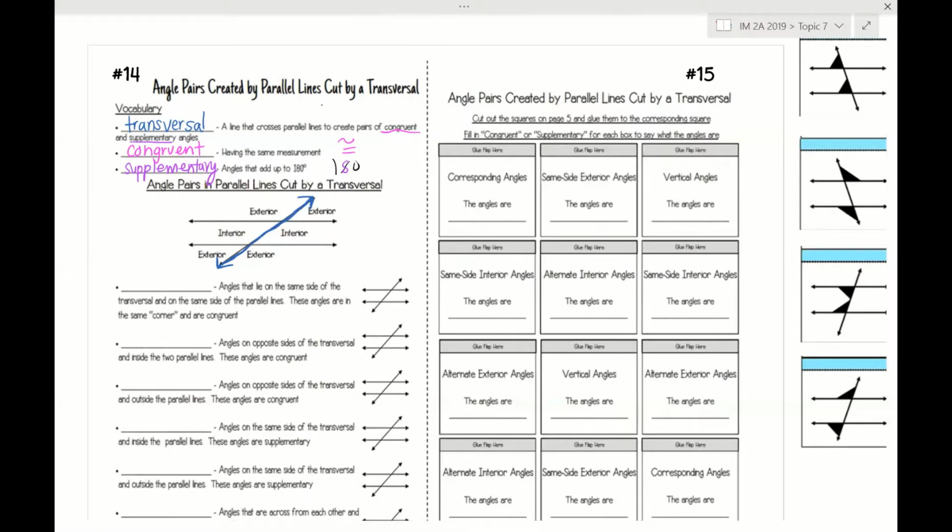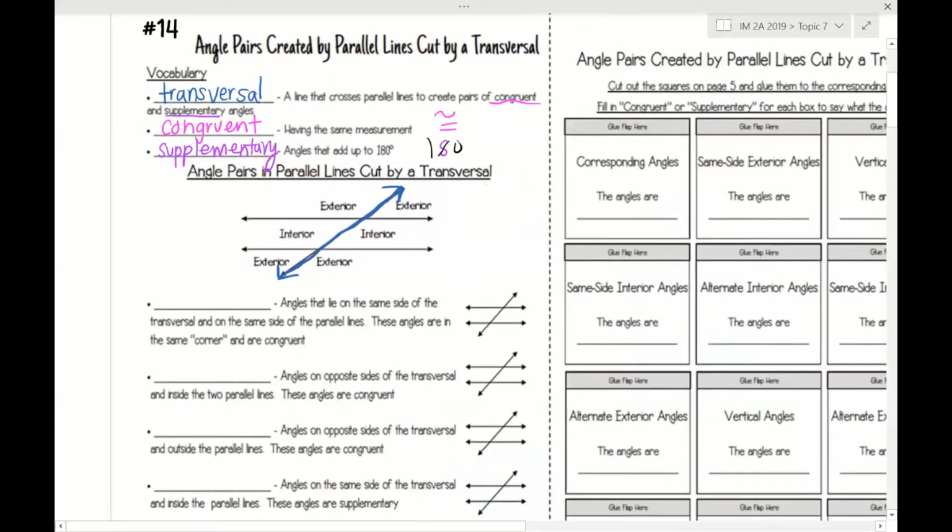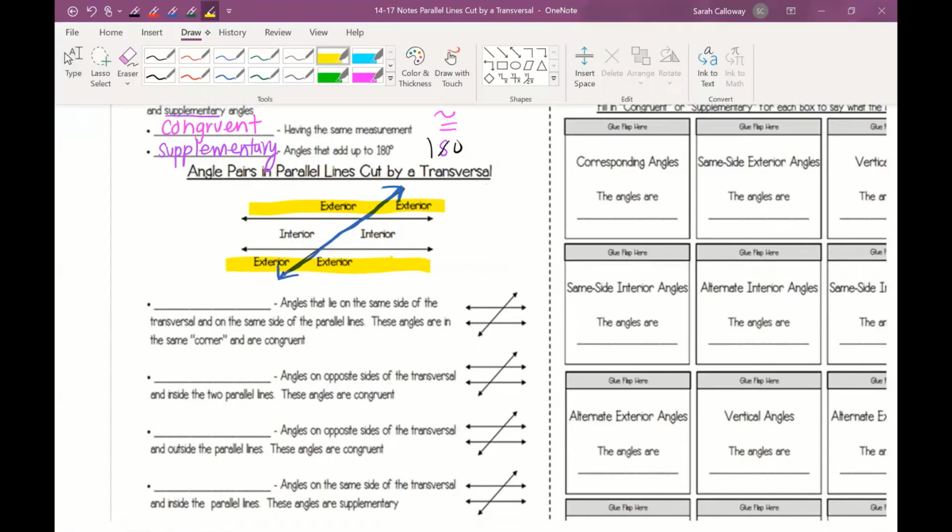So these angle pairs are going to use words like interior and exterior. Visually, you remember that when I'm talking about interior and exterior, it has to do with being interior or exterior to the parallel lines. So the exterior angles are outside the parallel lines. They're only touching one line.